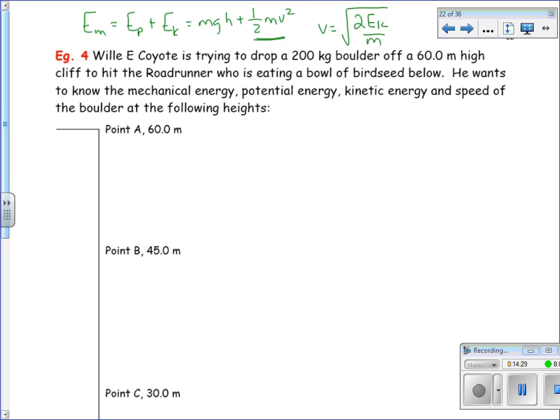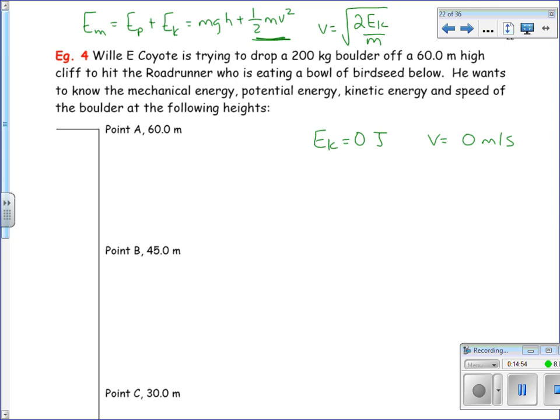That comes from this formula here, just rearranging that for velocity. So what we want to do is start by finding the mechanical energy. And he drops the boulder, right? So at point A, the boulder has a velocity equal to 0. We know that. The velocity is 0 meters per second, which means it has a kinetic energy equal to 0 joules.